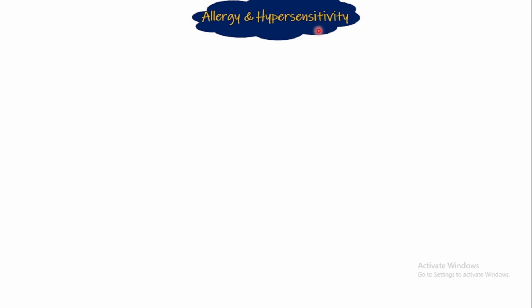Now, what is the difference between atopic allergies and non-atopic allergies? Atopic allergies are the ones which involve things like asthma or atopic dermatitis, in which the allergens are dust or pollen or mites, things like that.